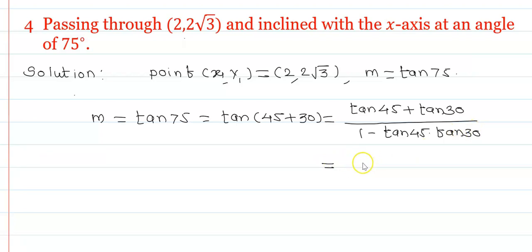Tan 45 is 1, and the value of tan 30 is 1 upon root 3.